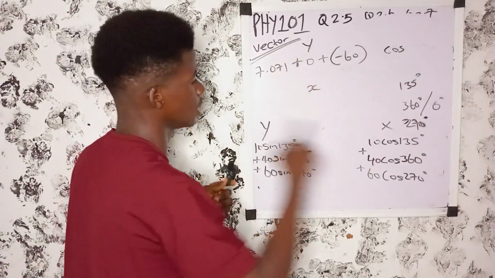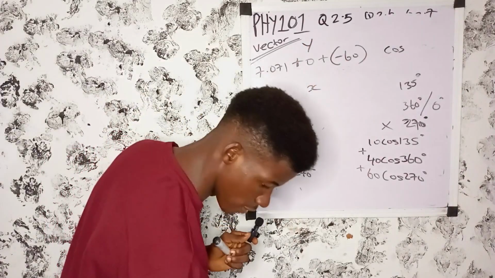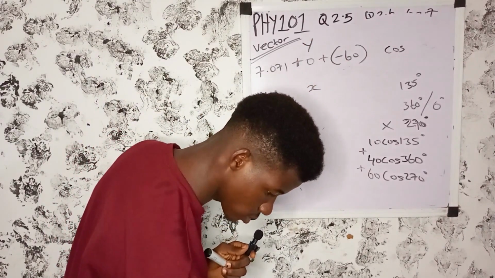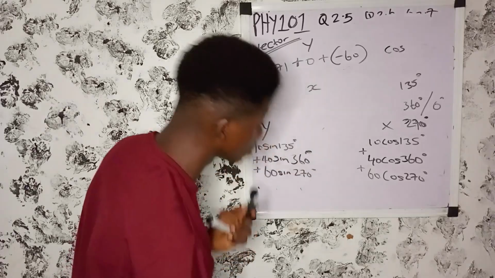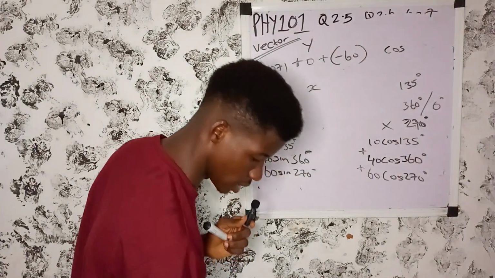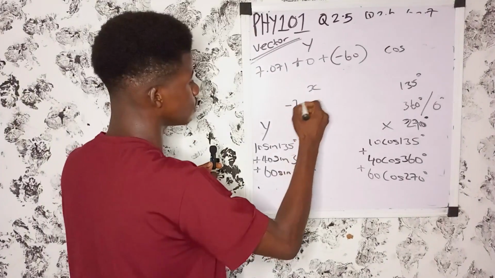Let's do the x. 10 cos 135 will give us minus 7.071.